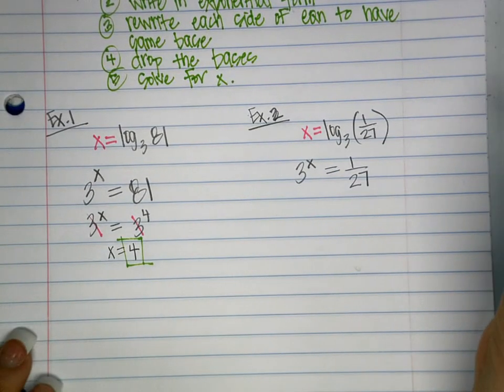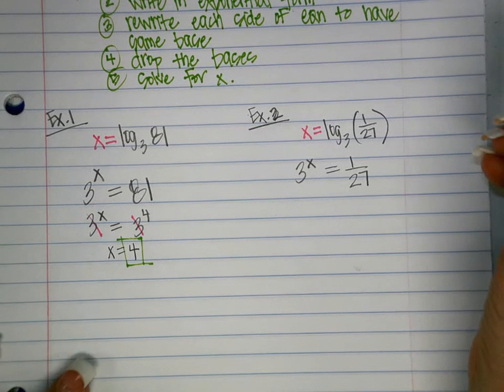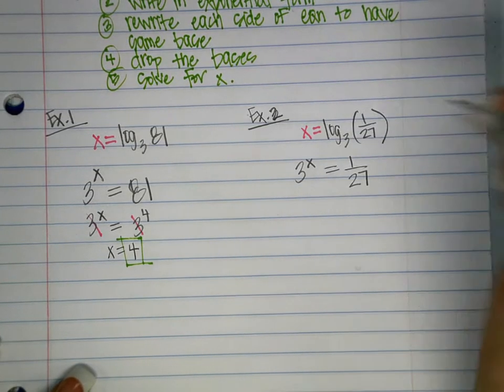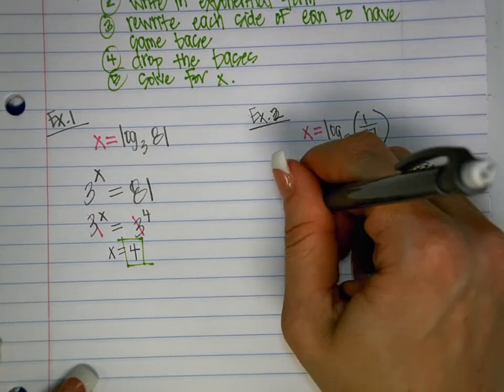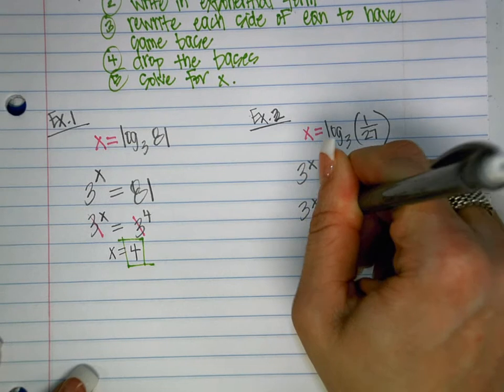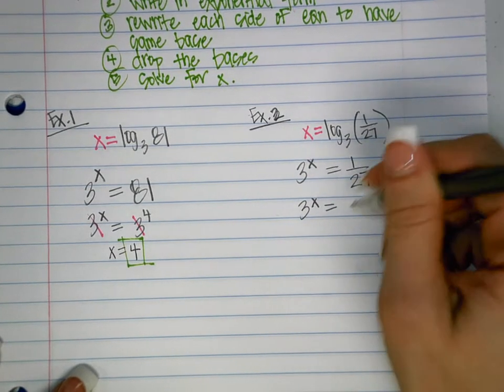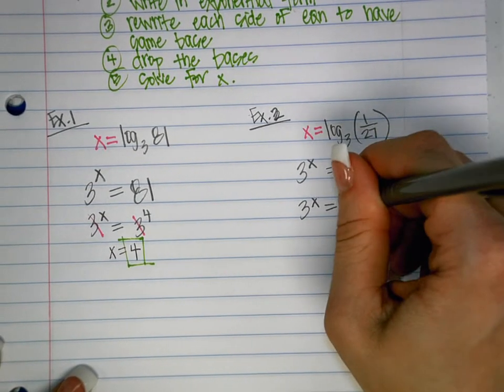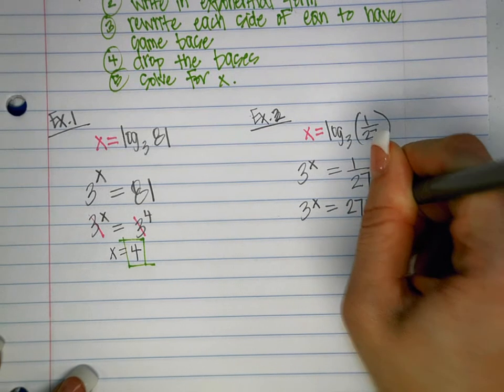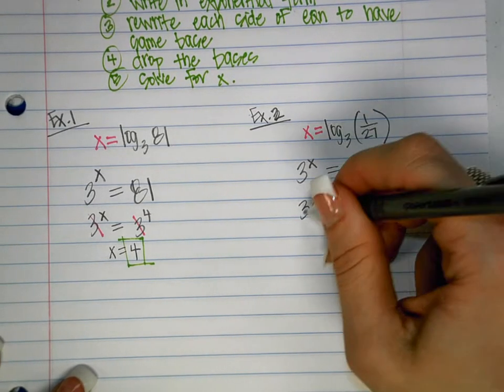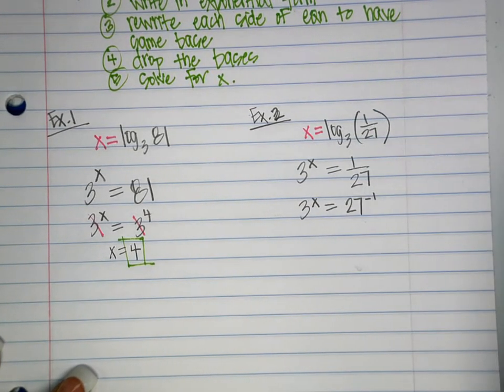You do not have to put it in parentheses. If you want to, it's going to be the same thing. Okay, so I'm going to get these in the same base. My first step to getting these in the same base is 3 to the x equals, if I need to move this up, what exponent moves it up? A negative, right. So 27 to the negative 1. Then can I write both of these as a base 3?